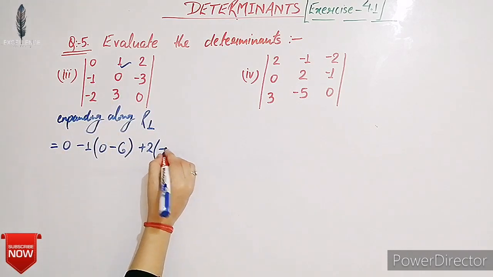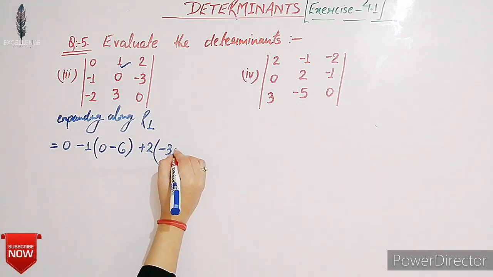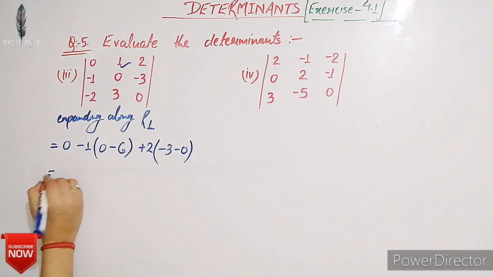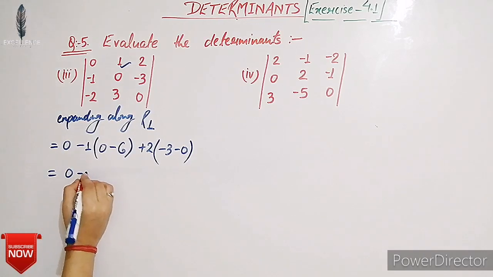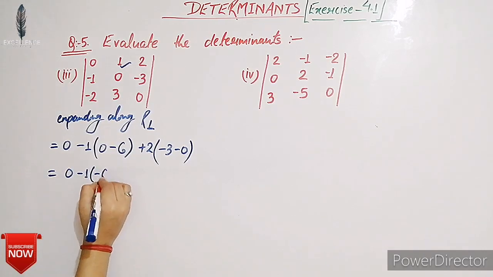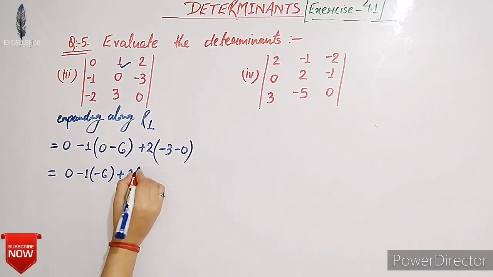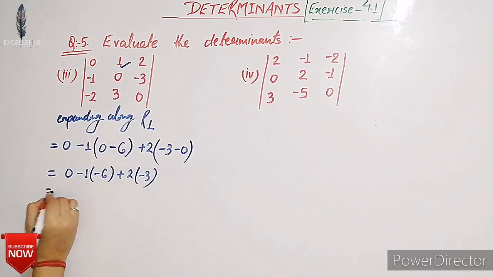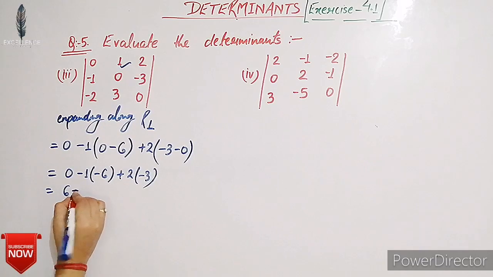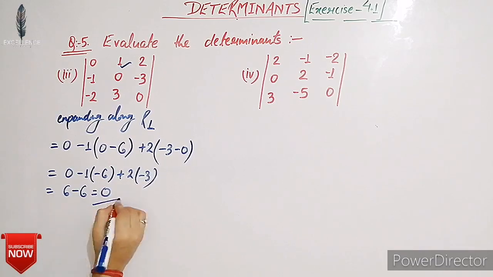So we get minus 1 into 3, that is minus 3, and minus 0 is equal to 0 minus 1 into minus 6 plus 2 into minus 3, that is 6 minus 6 is equal to 0.